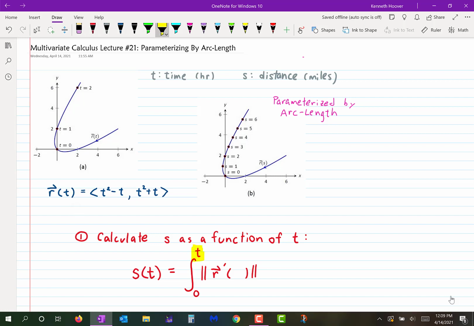Because I'm using t up here, I cannot use it as my variable of integration, so we use u instead and integrate with respect to u. You're just calculating the arc length from 0 to t. We call that arc length s, and because it will be a function of t, I wrote s of t. That's step 1. Step 2.